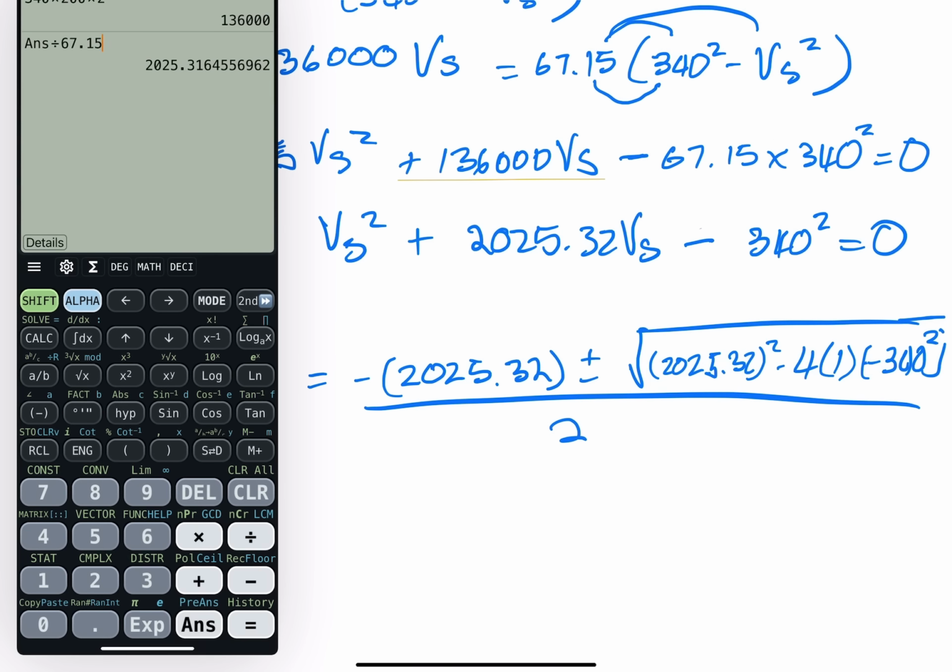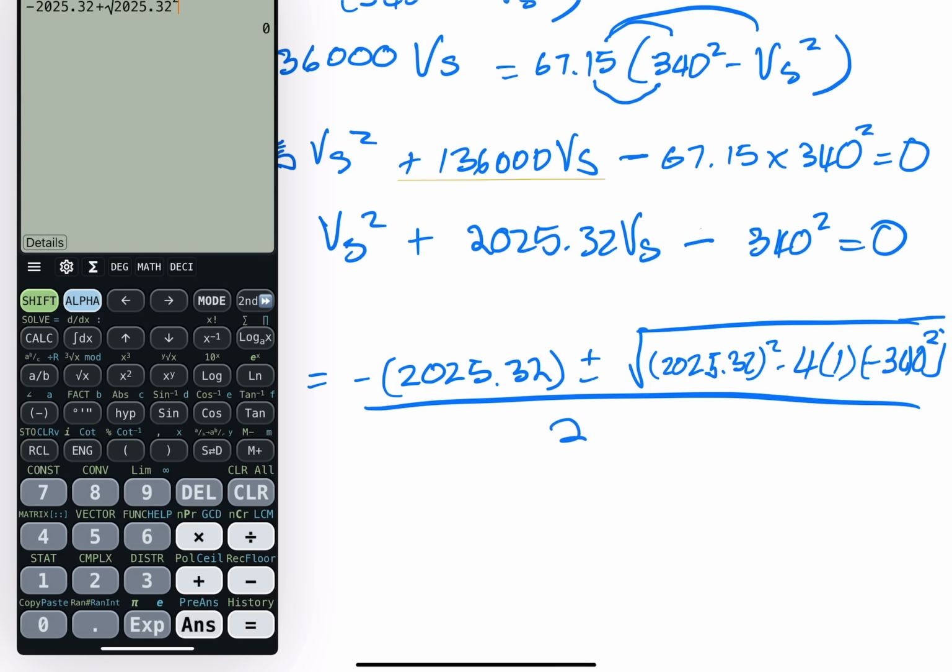So if you look at that, I'm going to take the first one. The other one is going to give me a negative answer, so I'll just take the plus. So that's negative 2025.32 plus the square root of 2025.32 squared.